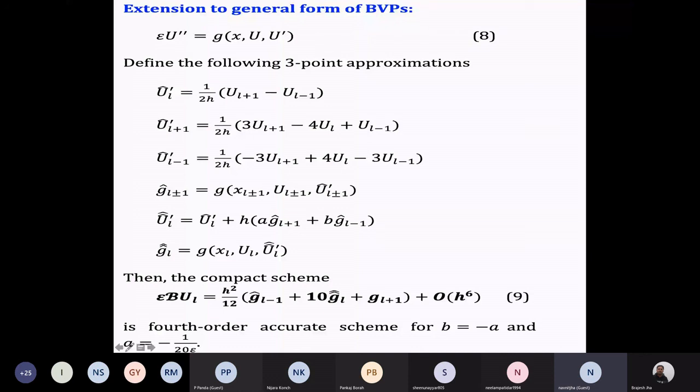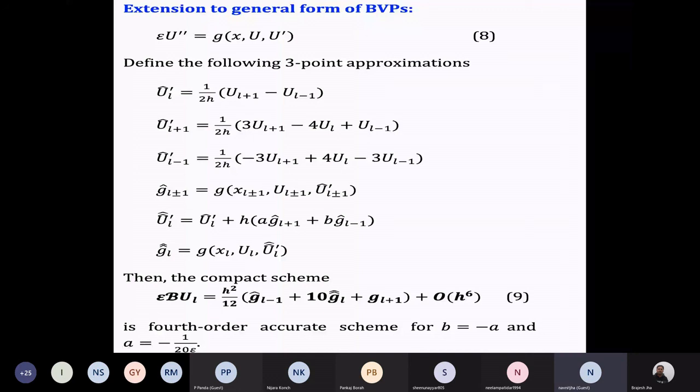And we can use this compact scheme, epsilon times the second difference of u l equal to h square by 12 times g l minus 1 plus 10 g l plus g l plus 1. So this is basically a fourth order scheme for the nonlinear convection diffusion equation.